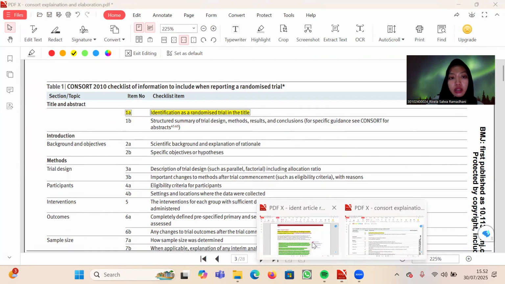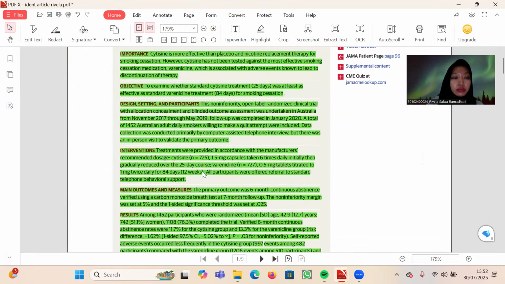Next is item 1B, structured abstract. The abstract should give a structured summary of the design, methods, results, and conclusion. This article provides a comprehensive abstract including design, non-inferiority, open-label RCT, participants, intervention, and outcomes.